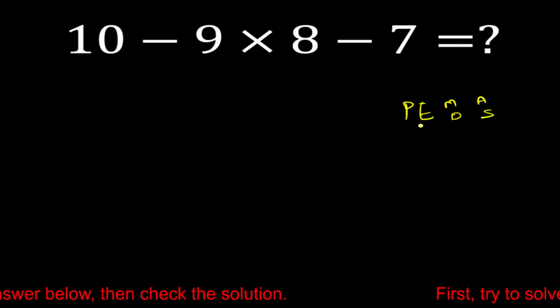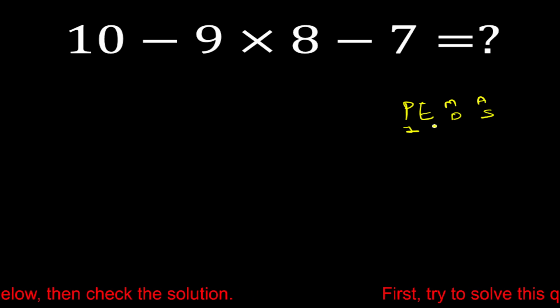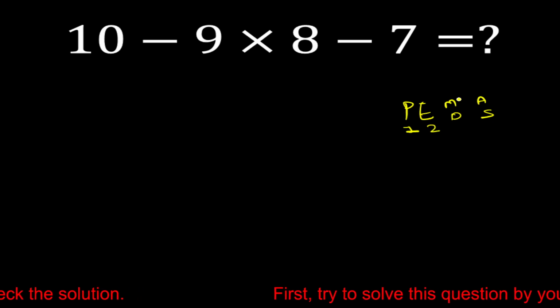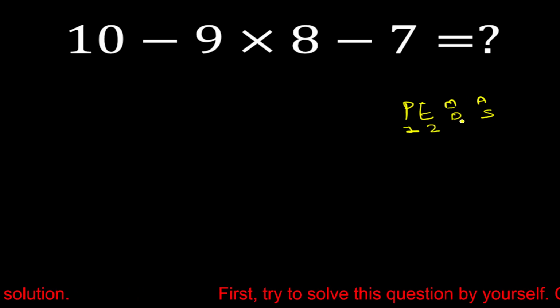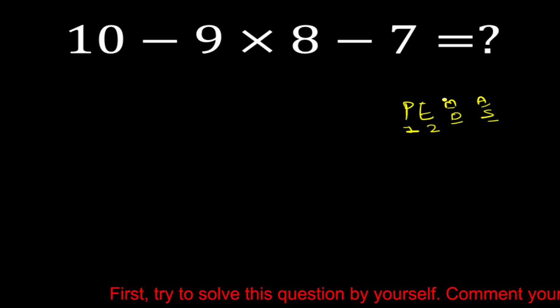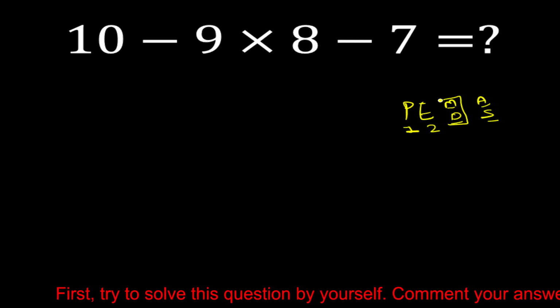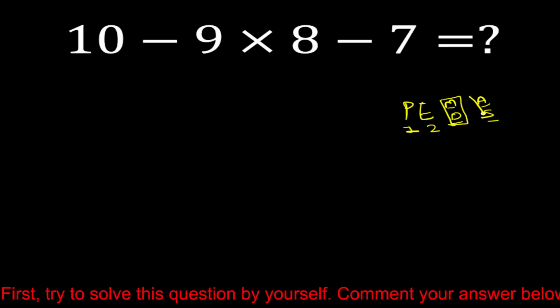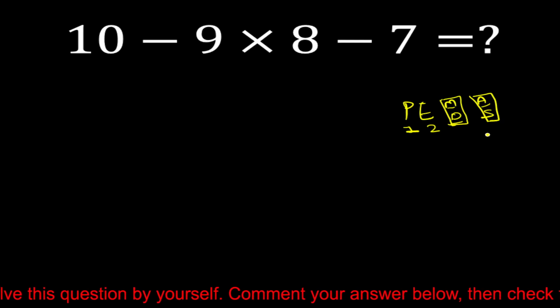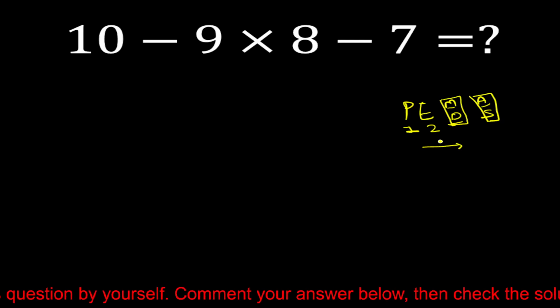So according to the PEMDAS rule, first priority is parenthesis, second priority is exponents, third priority is multiplication and division, and last priority is addition and subtraction. Multiplication and division have equal priority, and also addition and subtraction both have equal priority. Therefore, we have to solve it from left to right.